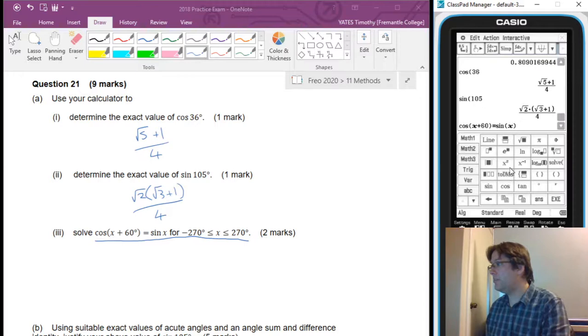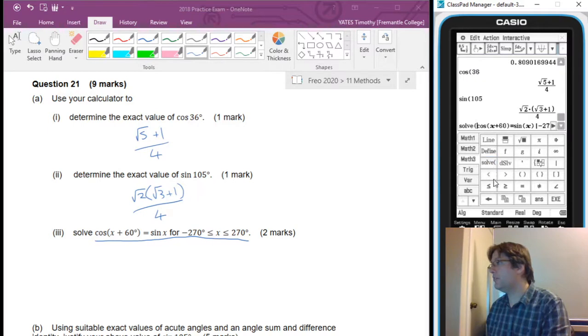So we go up to keyboard, it's under math 3, and we do a vertical line. That means, given that x is between negative 270 and 270, you are not expected to work this out without doing this.